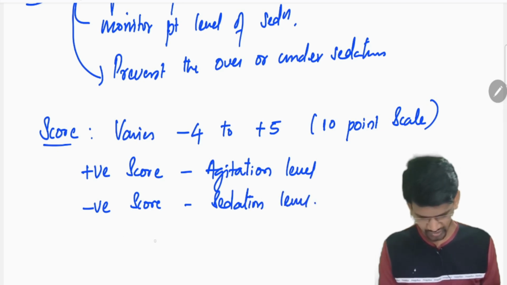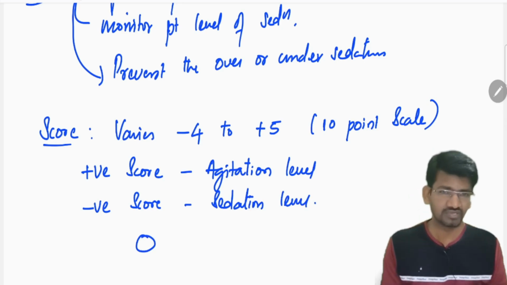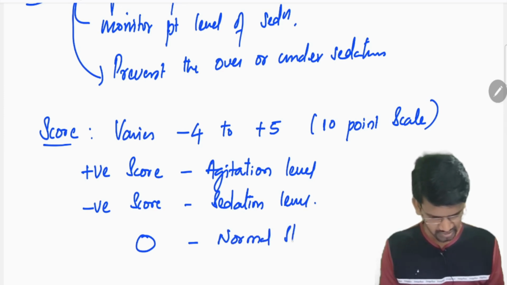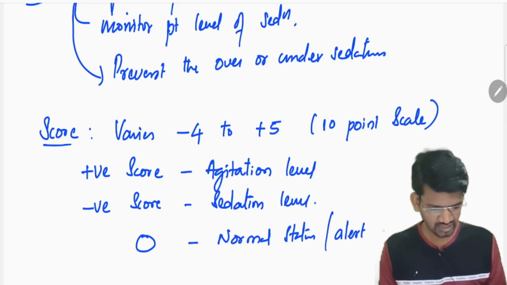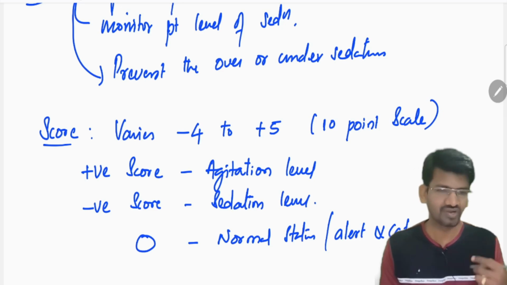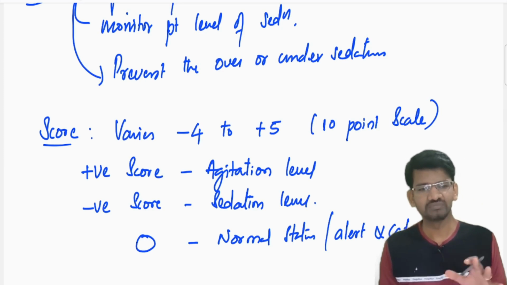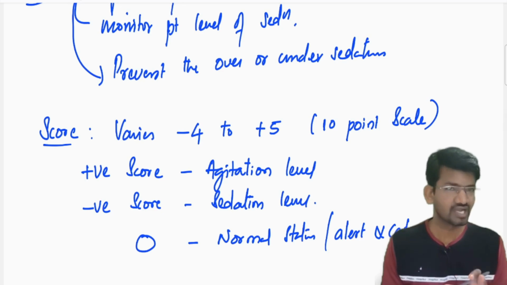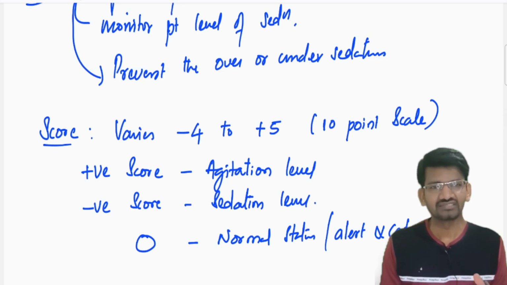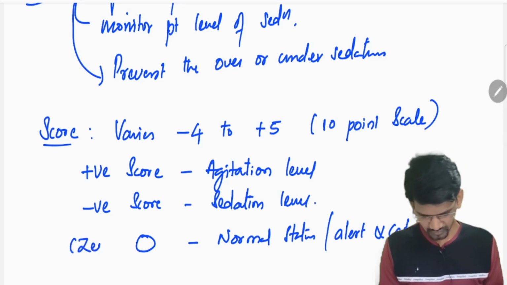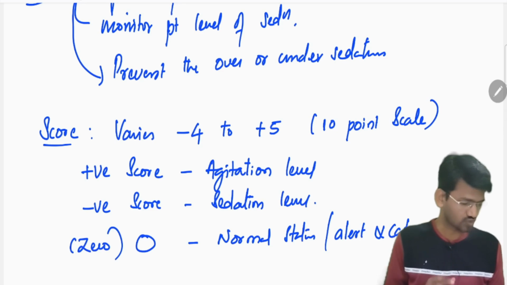If the score is 0, not plus and not negative, this indicates the normal status, or we can say the patient is alert and calm, not agitated and not sedated. The patient is absolutely normal, very alert and very calm, and we cannot see any anxiousness, aggressive behavior, or restless behavior. That is the 0 score. Okay, so this is a scoring system.